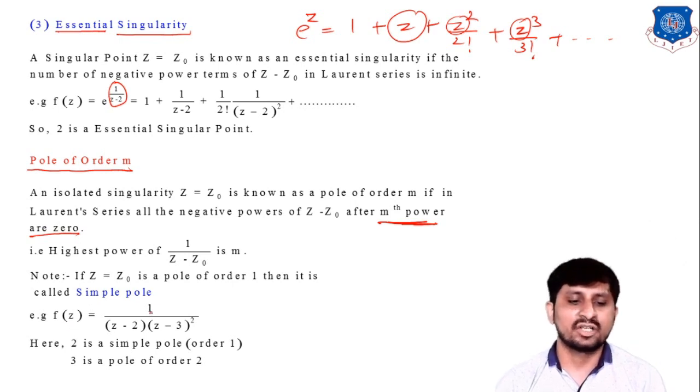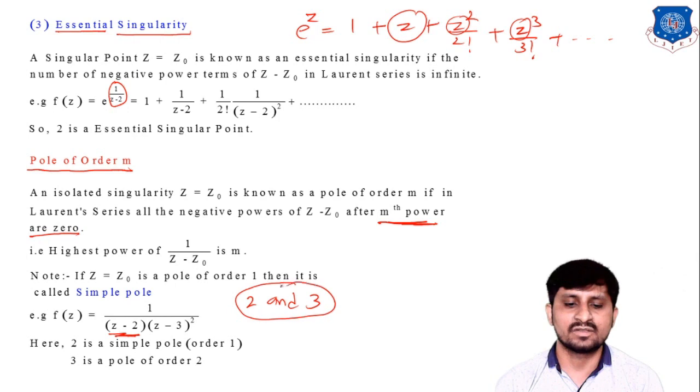Suppose you have the function 1 upon z minus 2 and z minus 3 whole square. Clearly these are polynomials, right? The degree of z minus 2 is 1. And how many singular points? 2 and 3 are singular points, clearly, because at points 2 and 3 the denominator becomes 0. So 2 is a simple pole.